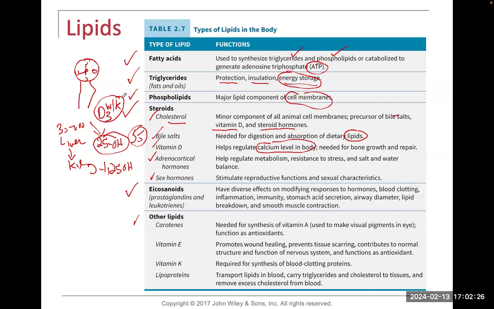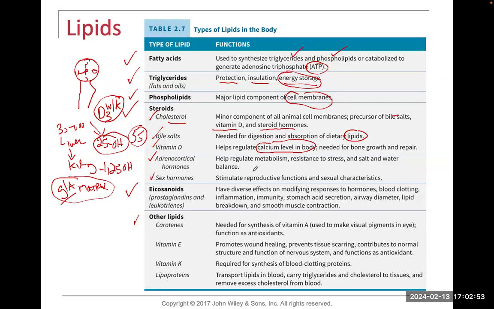You want vitamin K to help drive the calcium out of blood vessels and into the bone. So vitamin K is needed for something called matrix GLA protein, and that matrix GLA protein drives the calcium into the bone.